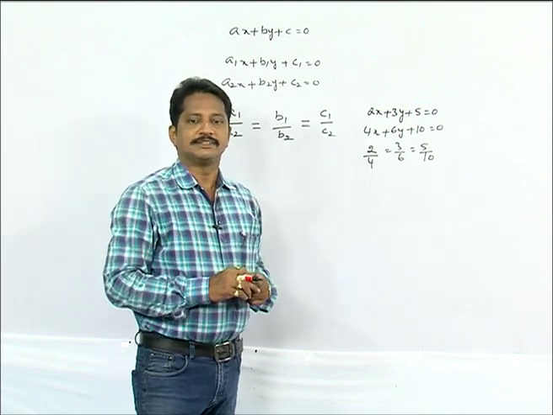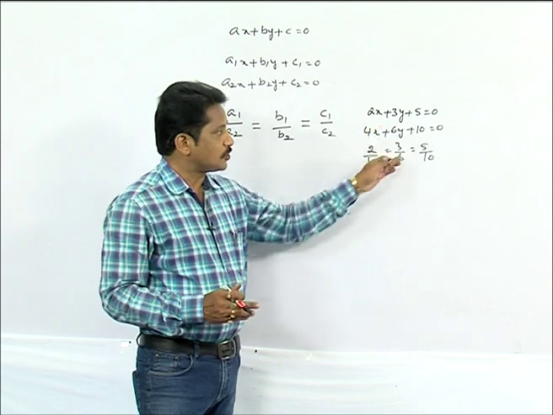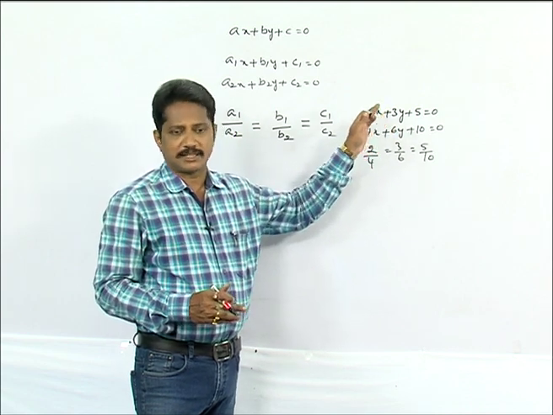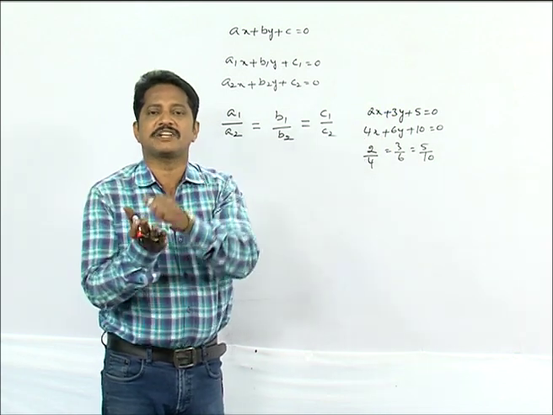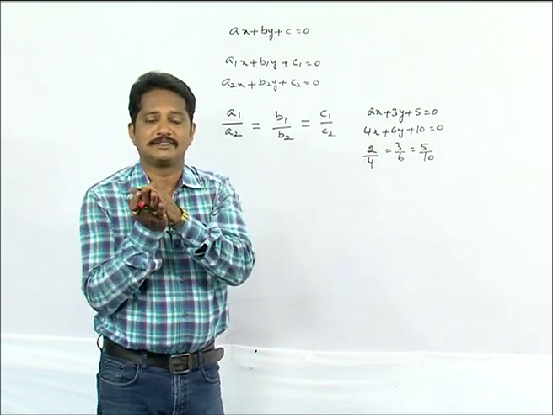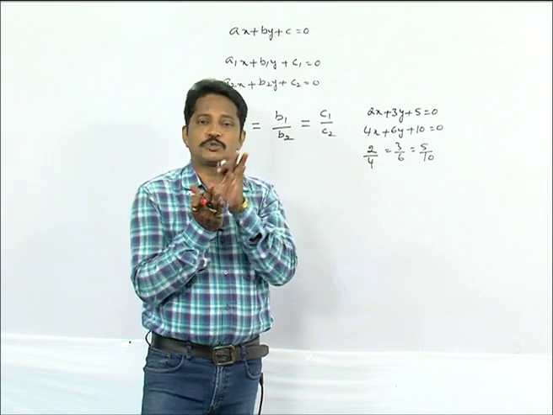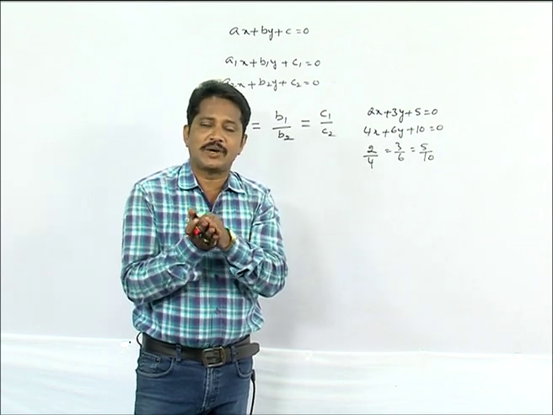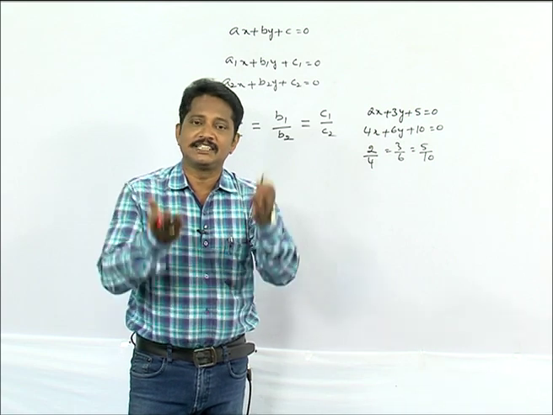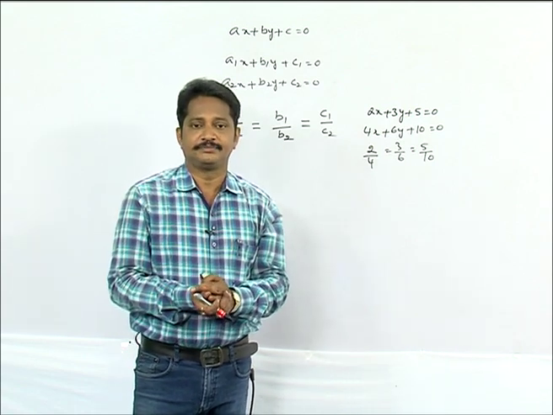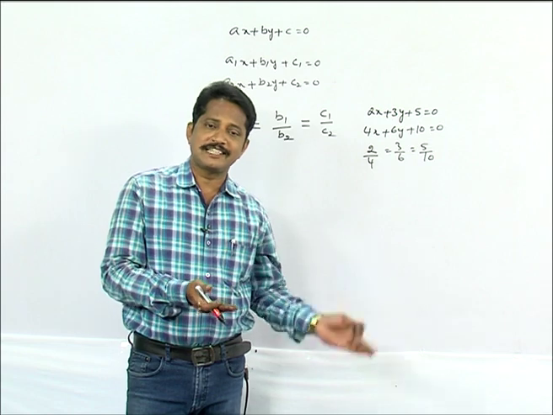Each of these two equations represents a straight line, so both equations represent the same straight line, or overlapped straight lines. When they are superimposed straight lines, what is the number of points of intersection? The number of points of intersection is infinite, correct? The number of solutions is infinite.